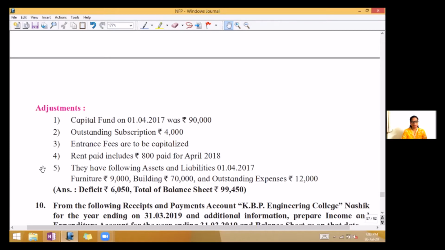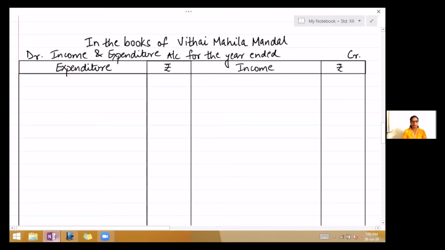Okay, now you will draw the income and expenditure account and the balance sheet. So you can draw half page income and expenditure, and the next half page you draw the balance sheet. Write down in the books of Vitai Mahila Mandal, income and expenditure account for the year ended 31st March 2018.